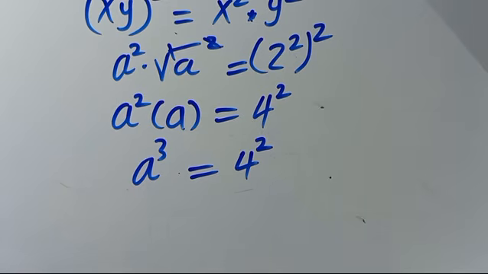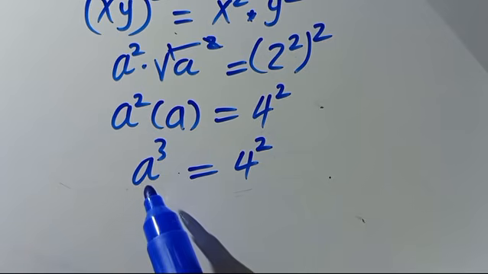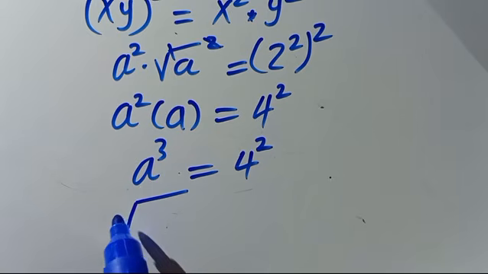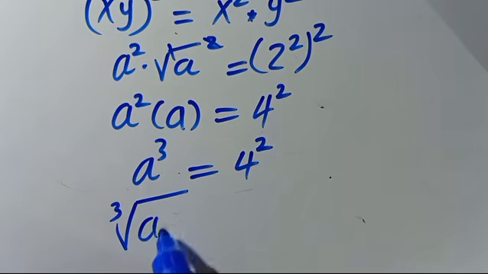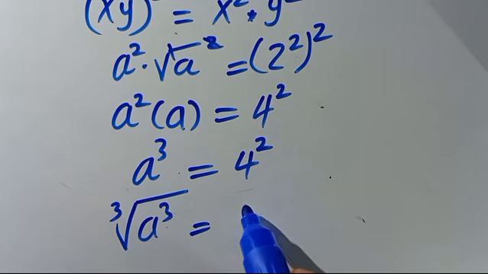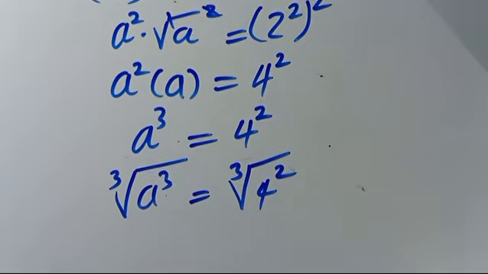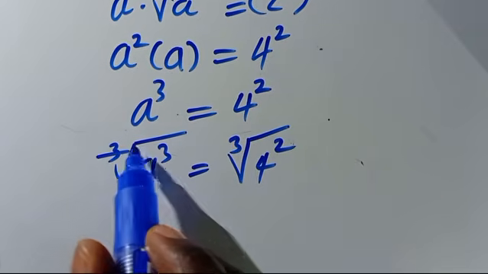So from here, to eliminate this cube root, we can take 1/3, that's the cube root of a to the power of 3 equals cube root of 4 to the power of 2. This and this cancel out.